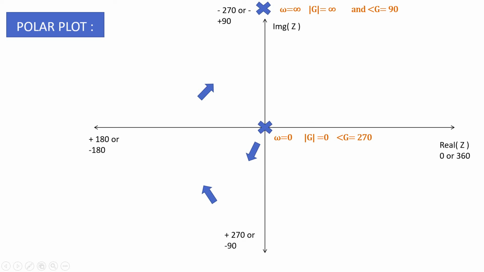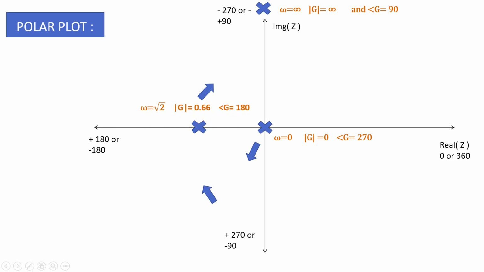And we cannot find the intersection with imaginary axis, because that is what we are getting as omega equal to 0, the solution frequency, which we already found out. And this is the point at omega equal to square root of 2.